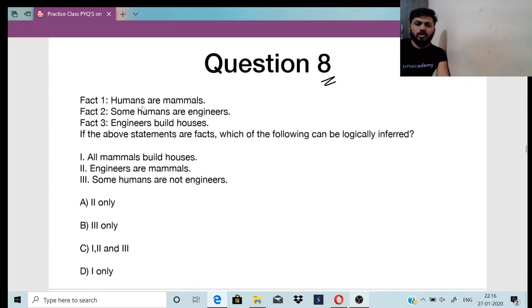Fact 1: Humans are mammals. Fact 2: Some humans are engineers. Fact 3: Engineers build houses. If the above statements are facts, which of the following can be logically inferred? First, all mammals build houses. Second, engineers are mammals. Third, some humans are not engineers. Here are your 4 options. Tell me the right one.